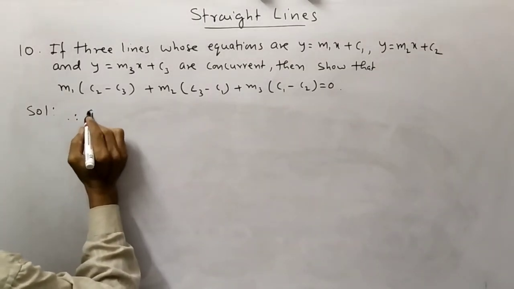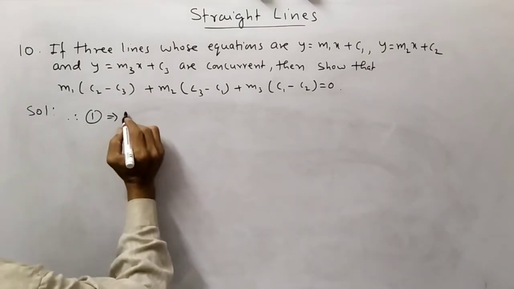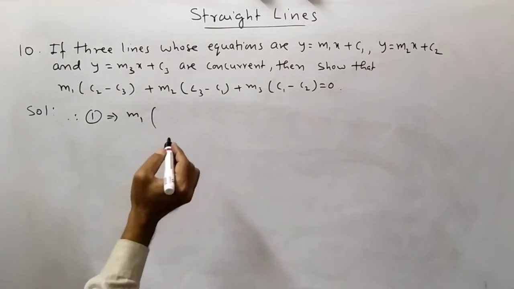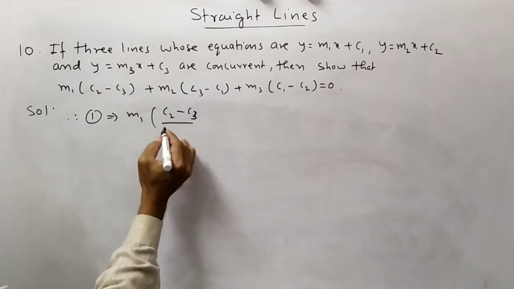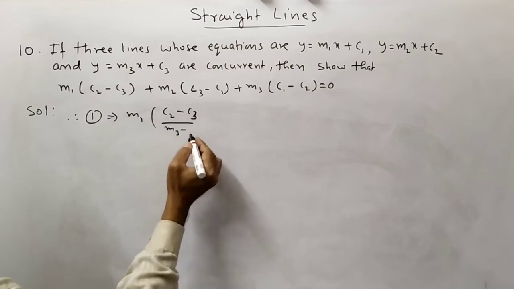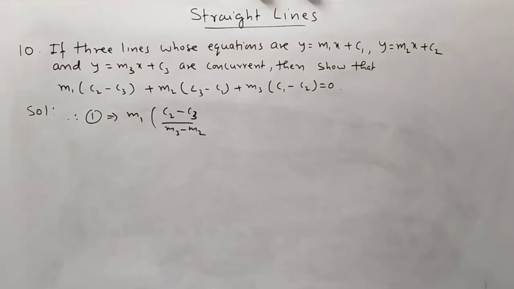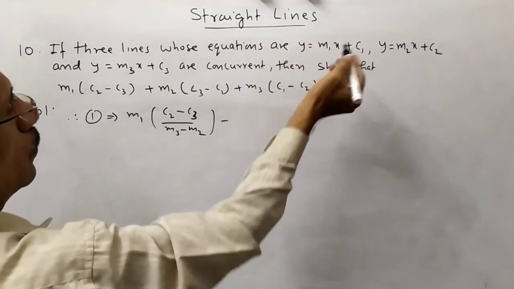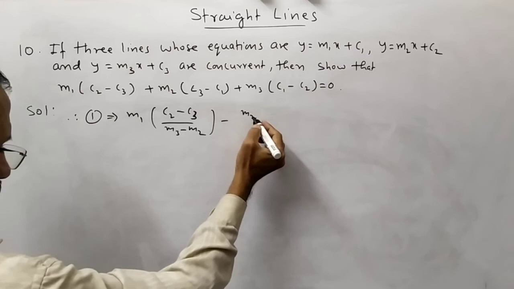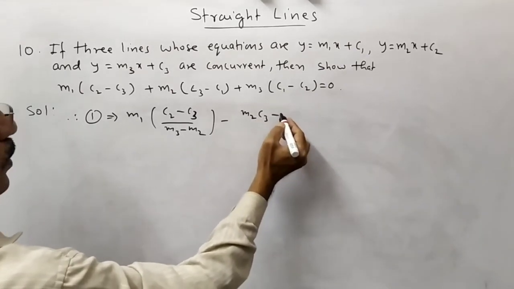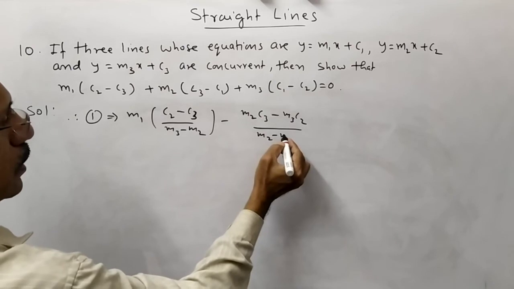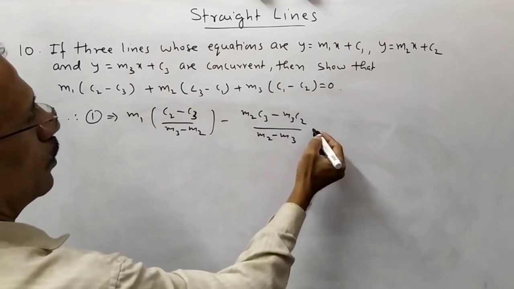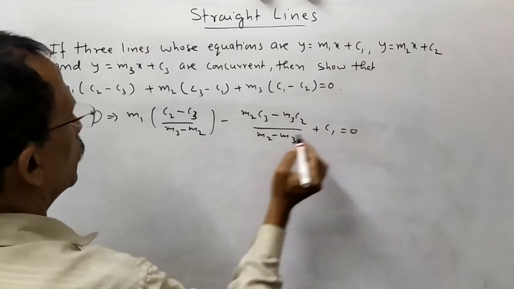Therefore, 1 implies m1 into, what is the value of x? c2 minus c3 divided by m3 minus m2 minus y value m2 c3 minus m3 c2 divided by m2 minus m3 plus c1 is equal to 0.